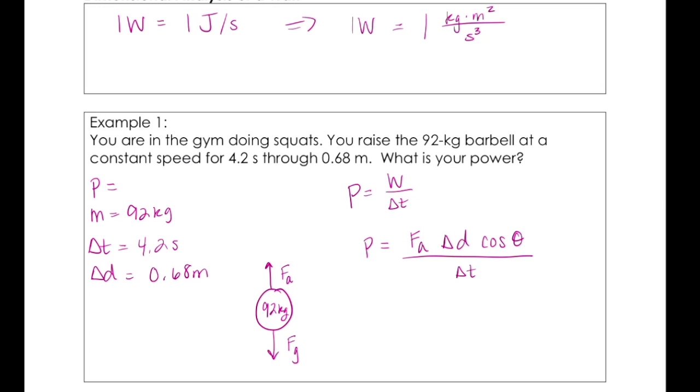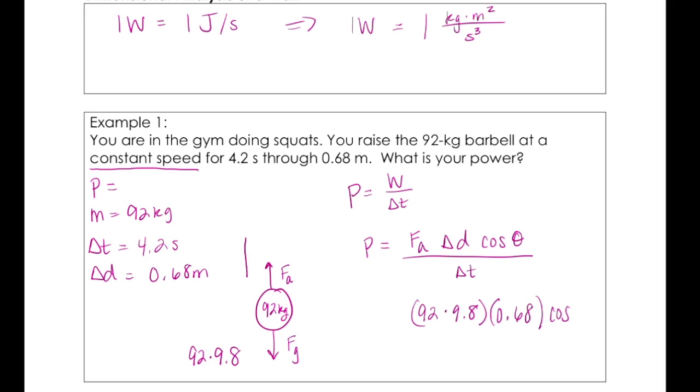Okay, so because we are raising the barbell at a constant speed, F of A is going to equal F of G, just in the opposite direction. So to find F of G, remember, we would take the mass times gravity. Okay, so we can kind of just plug that into our equation. So 92 times 9.8 gives us the F of A. Our delta D is 0.68, okay, times the cosine.